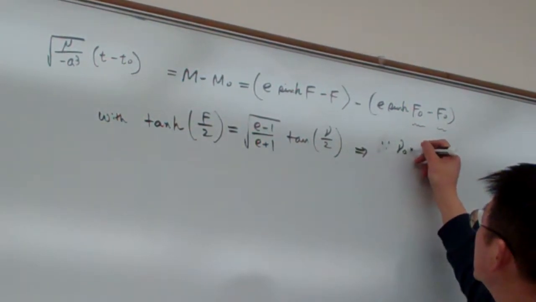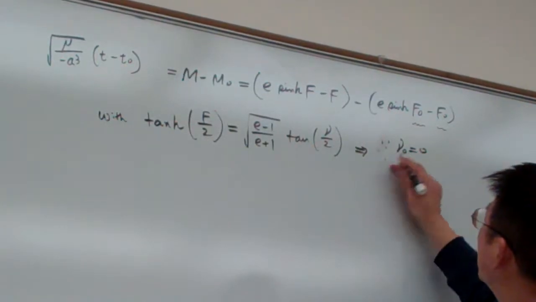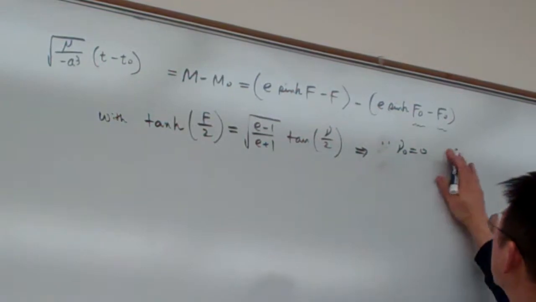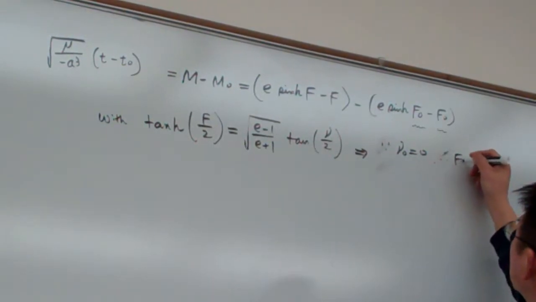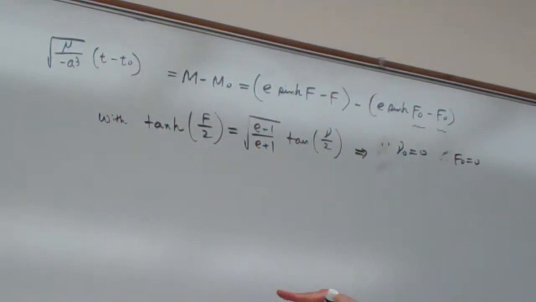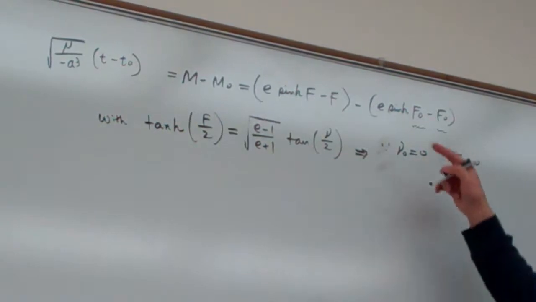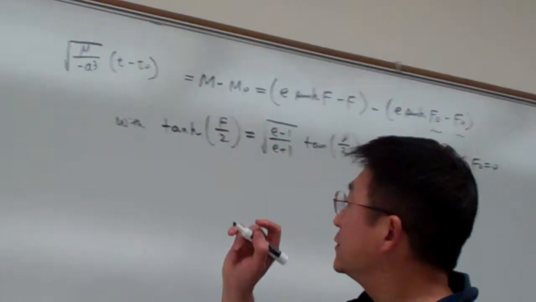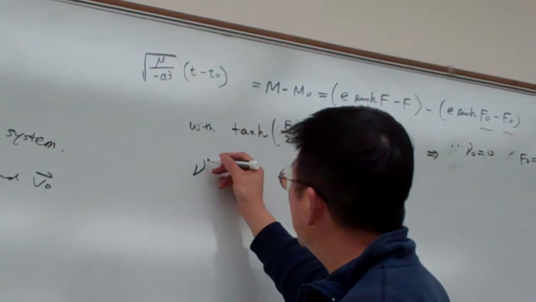Because nu is equal to 0, so using the initial true anomaly, we can determine this one. And so this term is gone. And now we are given delta nu.